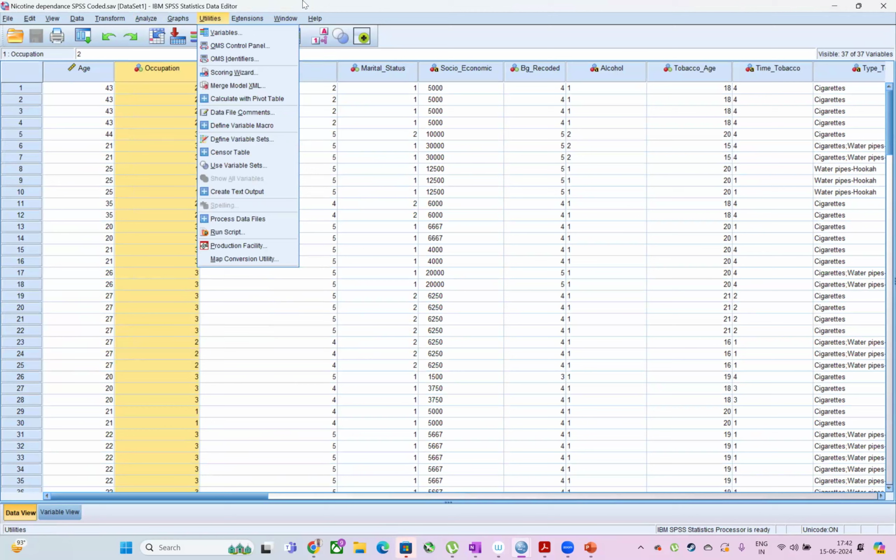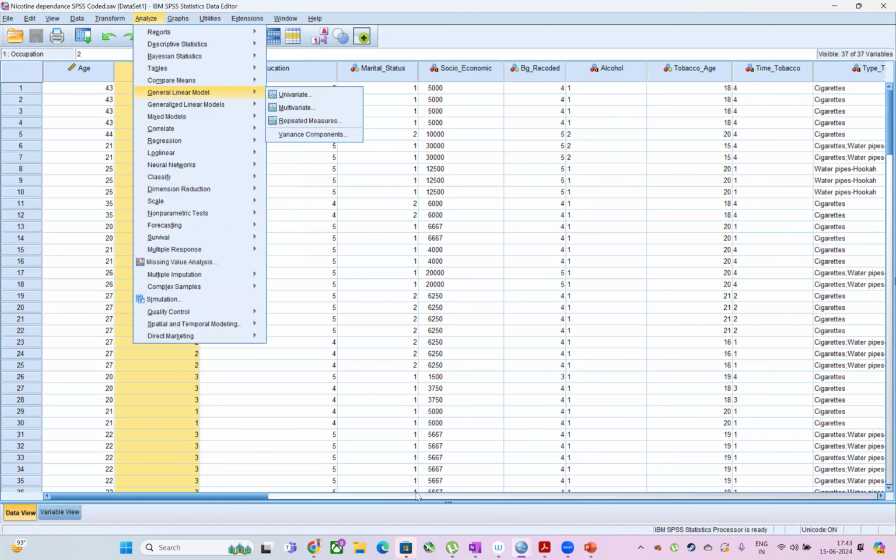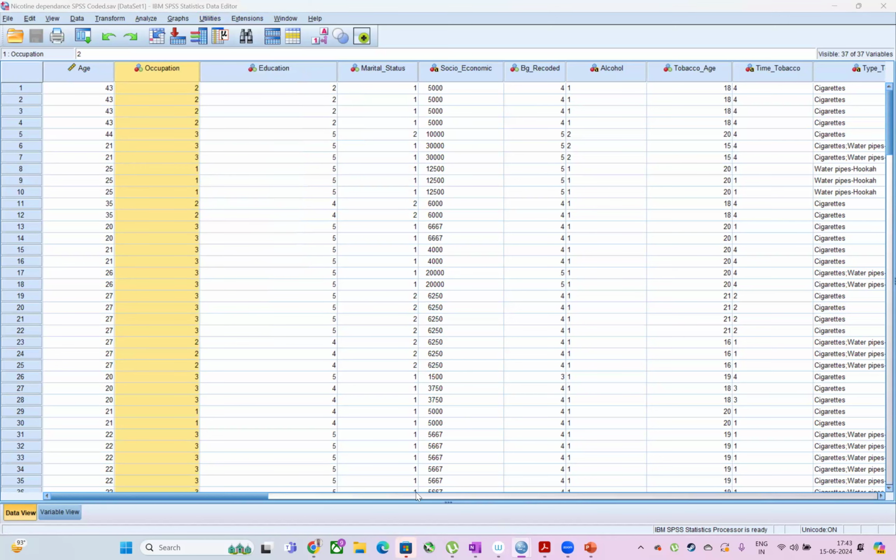My nicotine dependent score, which is a quantitative variable, is normally distributed, and I have an independent variable with three categories. ANOVA. Yes, exactly. You will be using ANOVA.